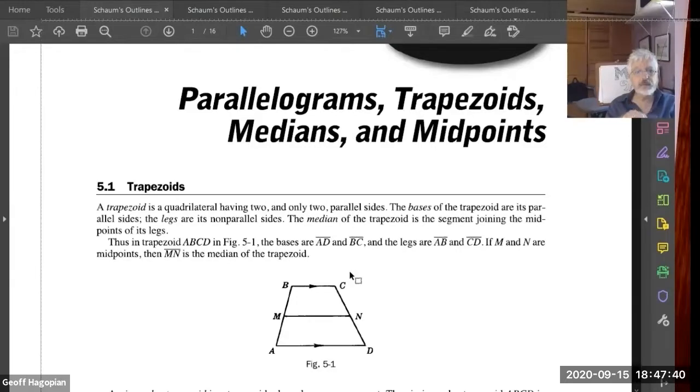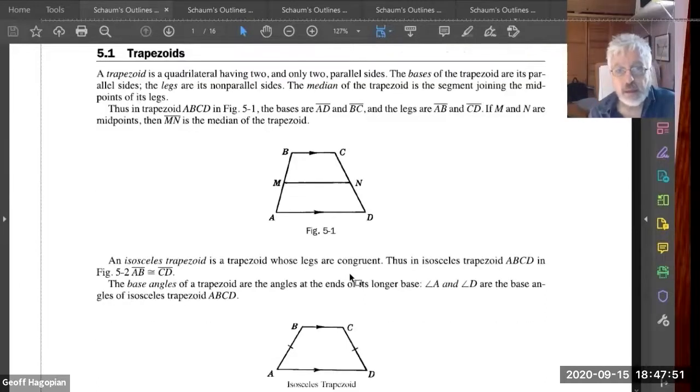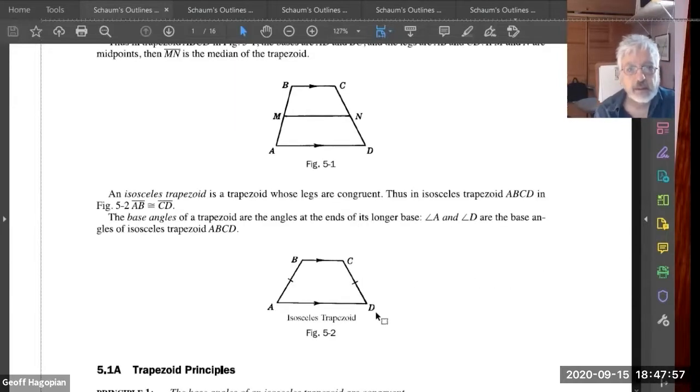The median of a trapezoid is the segment joining the midpoints of its legs. So that's MN in this case, right? An isosceles trapezoid is one with 2 congruent legs, right? The base angles of a trapezoid are the angles at the ends of its longer base.